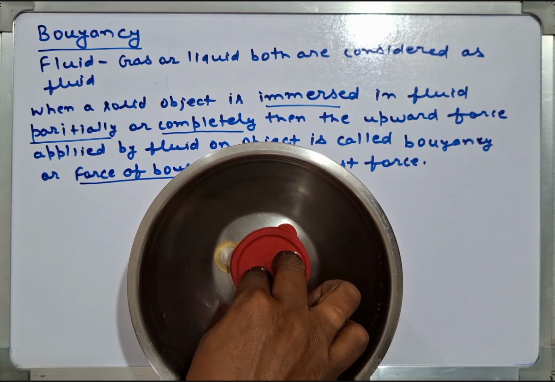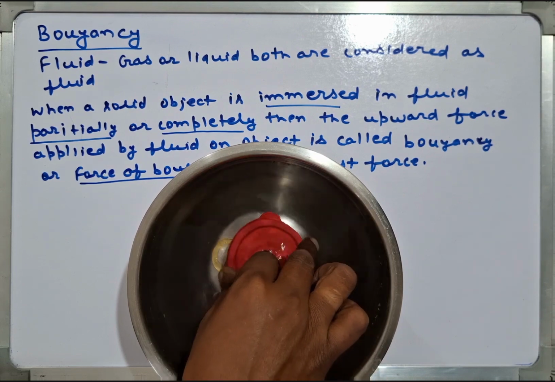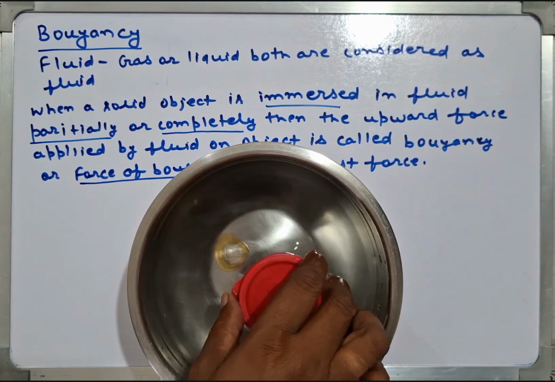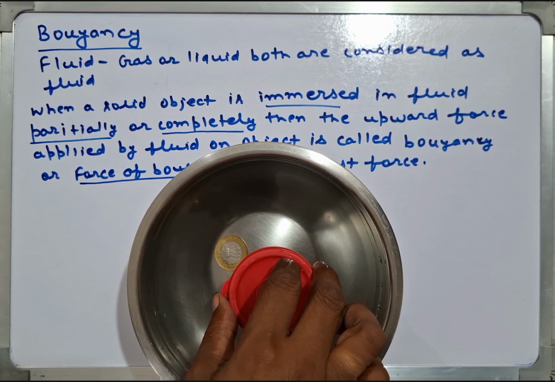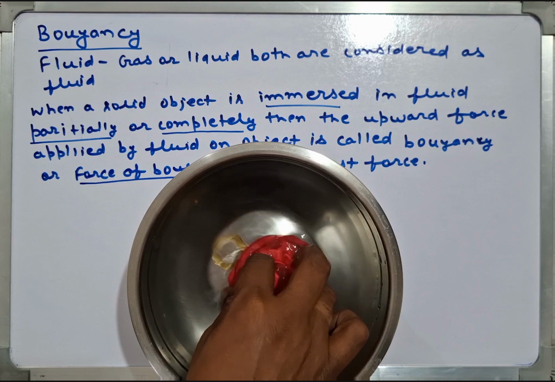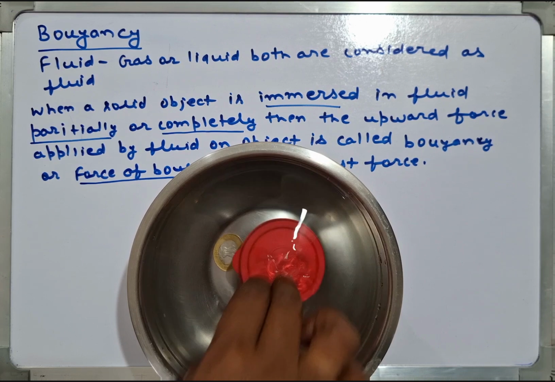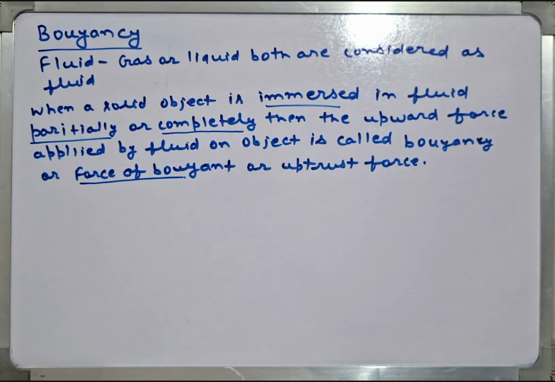So how is it possible? Here the liquid applied a force on this container in the upward direction, which is known as buoyancy, or force of buoyancy, or you can say upthrust, the force applied by liquid on the container. I hope now the concept of buoyancy is clear to you.